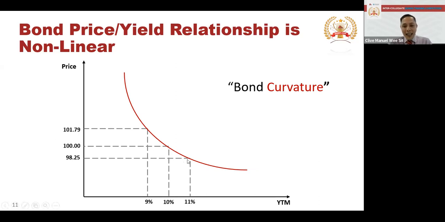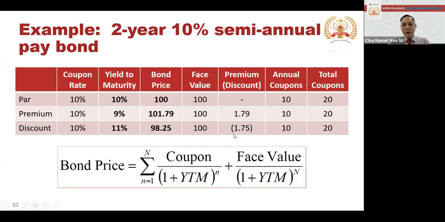When the bond is purchased at 11% yield, its price is 98.25. If your bond is purchased at 9%, it's purchased at a premium of 101.79. So the difference between 101.79 and 100 is 1.79. And the difference between 100 and 98.25 is 1.75. And that's the premium and discount here.